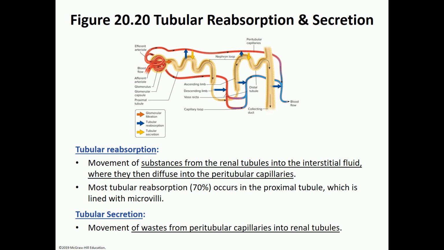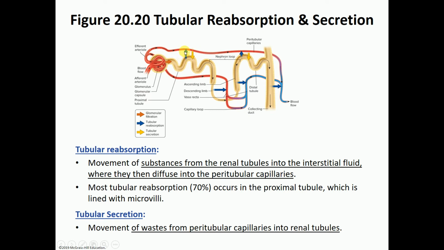So here you can see what's going on in relationship between the tubules and the blood vessels. Again, you can see the filtrate passing through the proximal convoluted tubule, and you can see the exchange of different things.